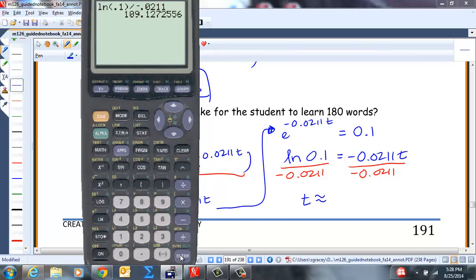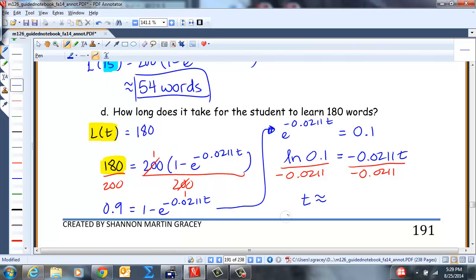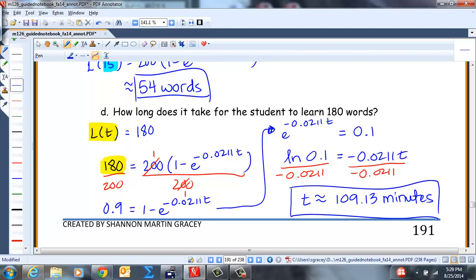It looks like it'll take about 109.13 minutes to learn 180 words.